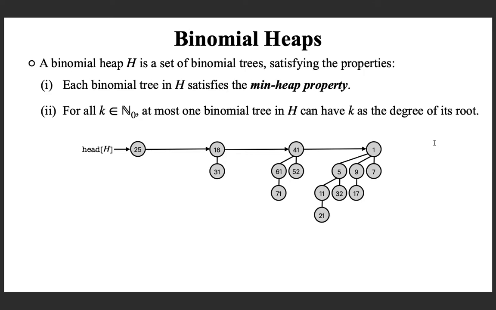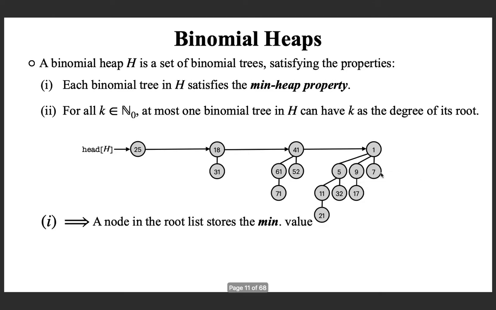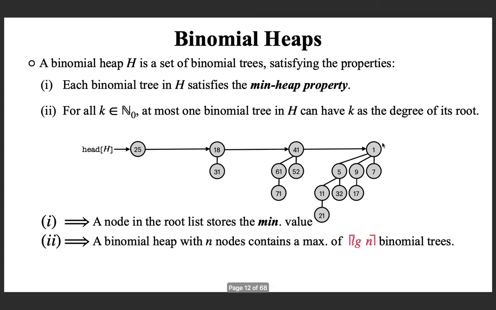Now, if you look at the first property, each binomial tree contains values in such a way that the value of a root node is less than or equal to the values at all its child nodes. And this implies that a node in the root list stores the minimum value among all the values stored. In this case, this is the minimum value.